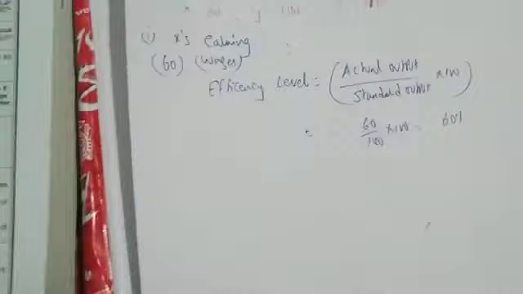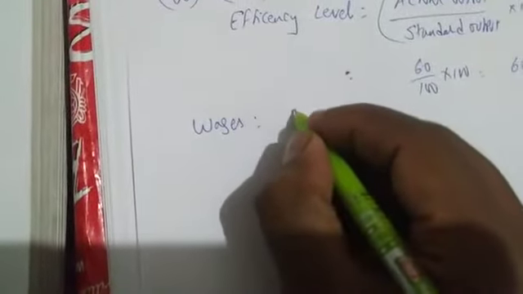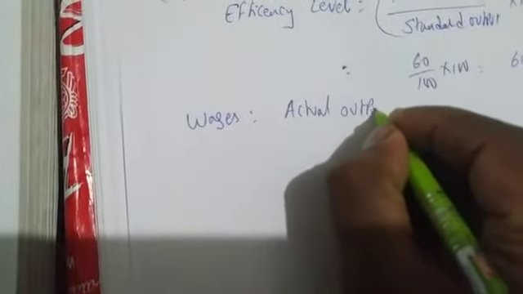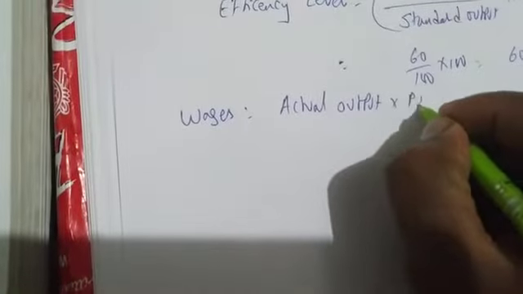X produced 60. How much is standard? Standard is 100, into 100. So you'll get 60%. So what does it say? Up to 83%, what you have to give? Actual output into piece rate. So here I am writing X wages equal to actual output into piece rate.